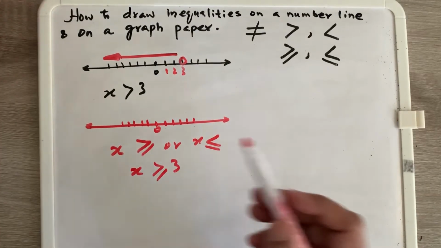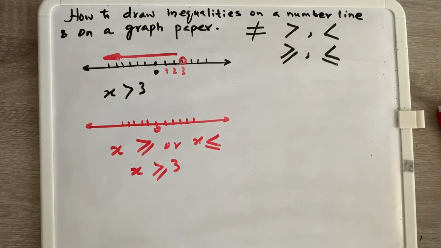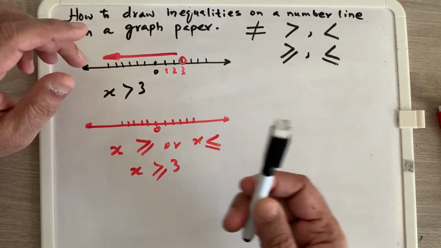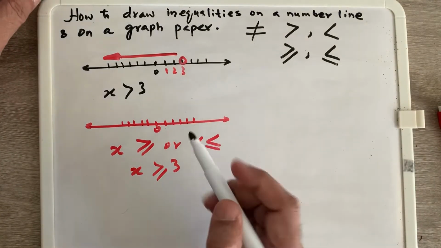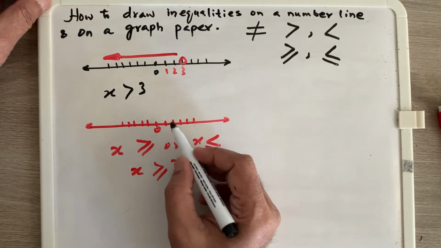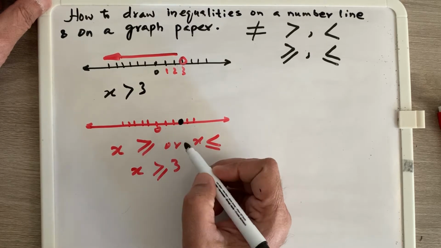Less than or equal to 3 will be the same. We have to use a solid dot. I will use the next color, a black one. So I will go to 1, 2, 3, but this time I make a solid dot.